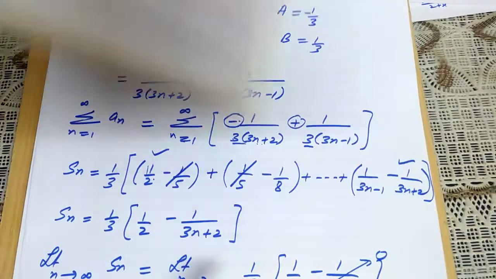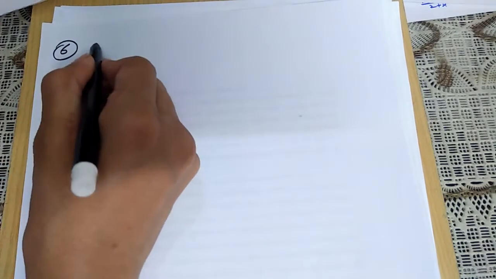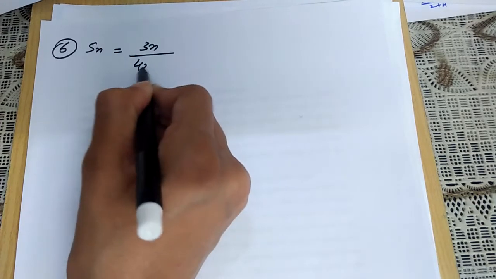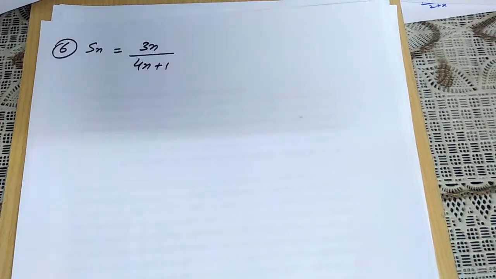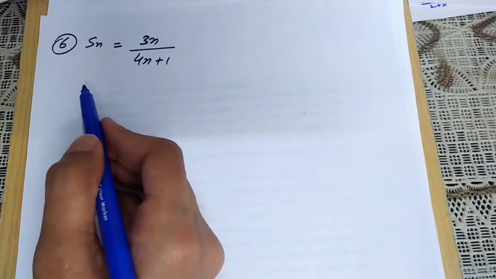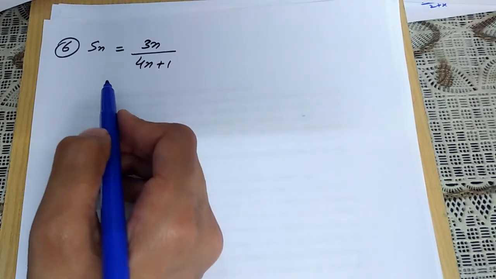For that purpose, question number 6, that is Sn equals 3n over 4n plus 1. We need to find out the nth term of the series.